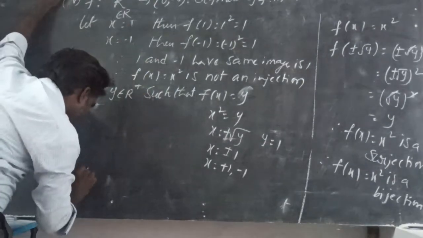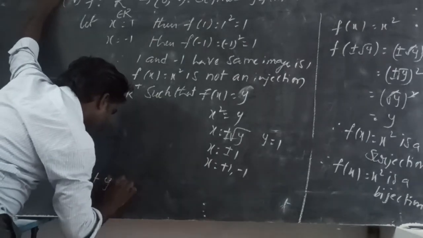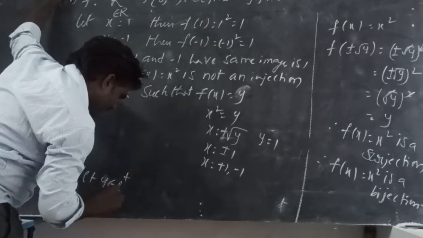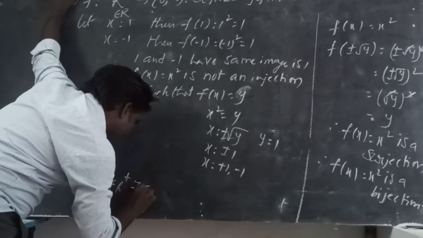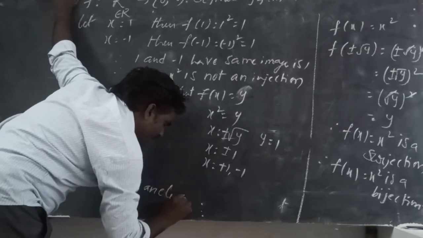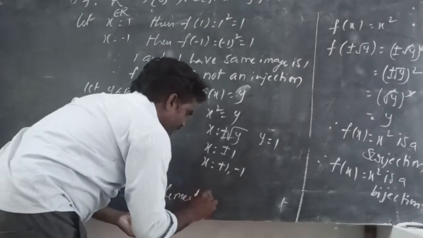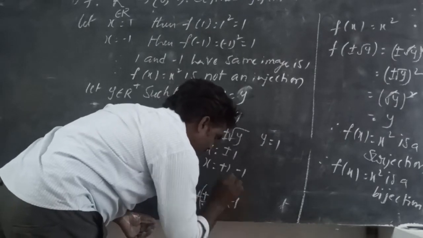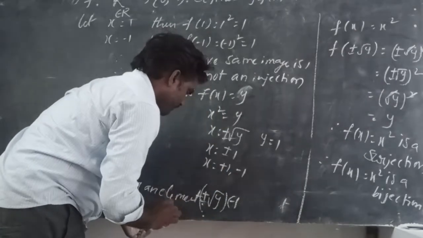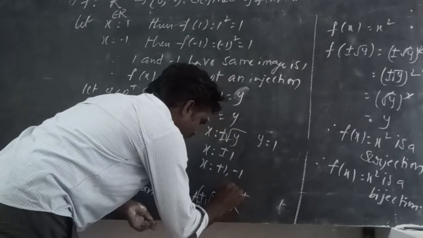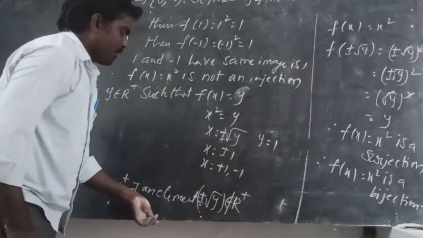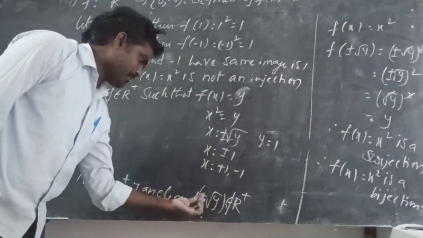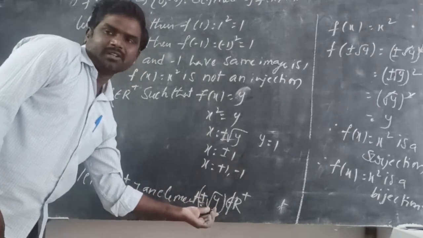Now let y belong to R plus. There exists an element plus or minus root y, but it does not belong to R plus. Why? Because plus root y belongs to R plus, but minus root y does not belong.